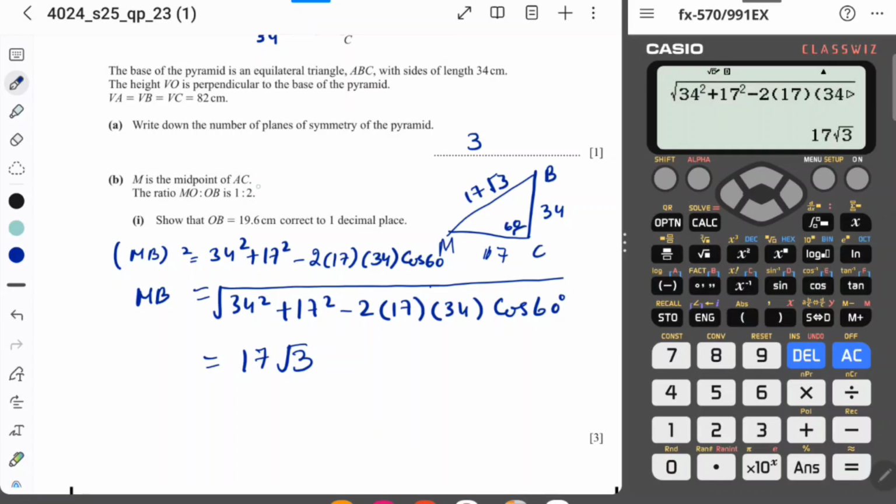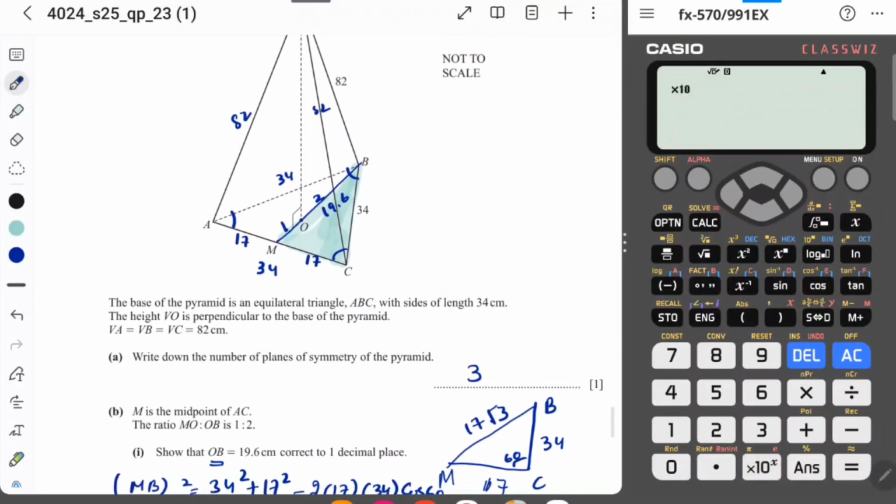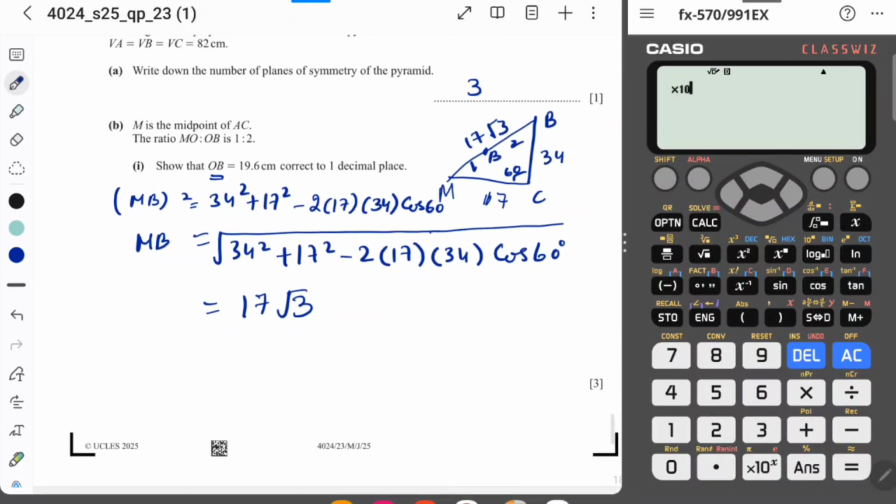They're asking us to calculate the value of OB. All right, so we found MB, and OB is this much, which is the 2 out of 3 ratio. So OB is equal to 2 out of 3 of the whole MB, and MB is 17 square root 3.